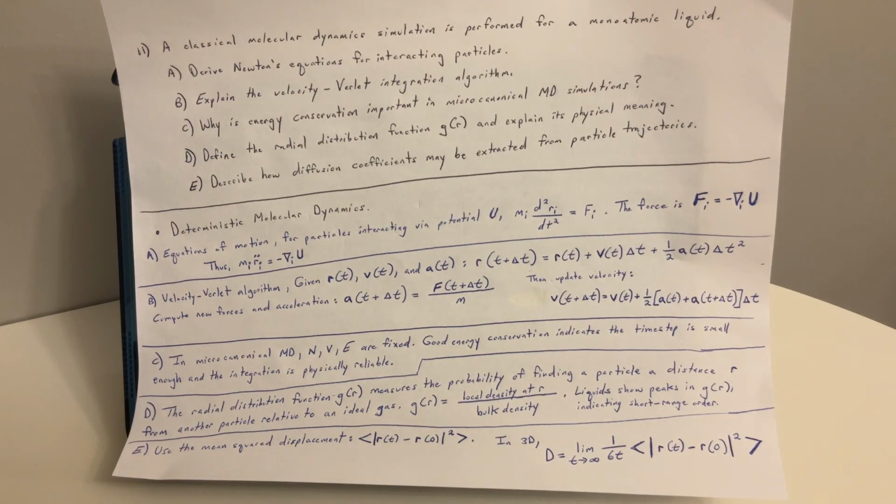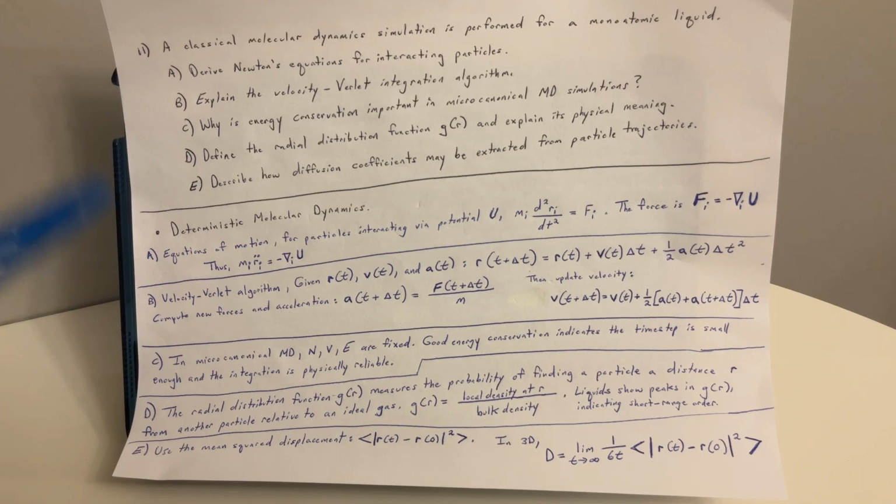Number 11, a classical molecular dynamics simulation is performed on a monatomic liquid. Derive, for part A, Newton's laws for interacting particles. So again, this is a condensed form. This is a deterministic molecular dynamics problem, and this is a lot of canonical stuff.